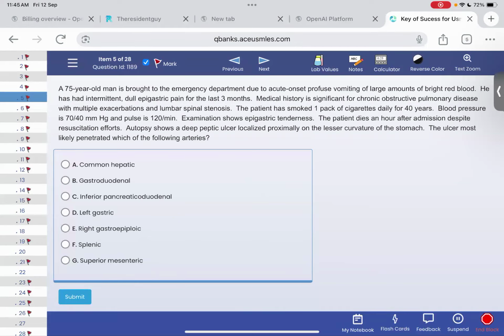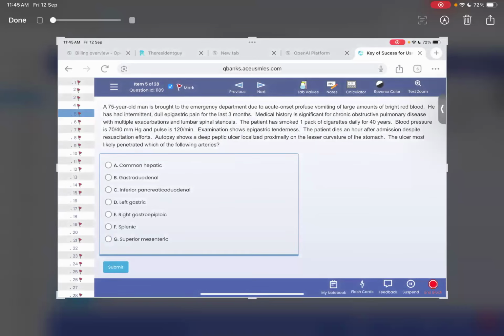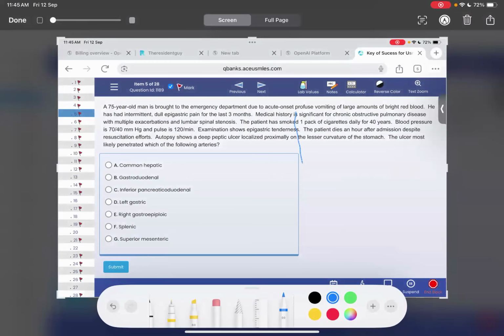The patient has smoked one pack of cigarettes daily for 40 years. Blood pressure is 70/40 and pulse is 120. Examination shows epigastric tenderness. The patient dies an hour after admission despite resuscitation efforts. Autopsy shows a deep peptic ulcer localized proximally on the lesser curvature of the stomach. The ulcer most likely penetrated which of the following arteries?